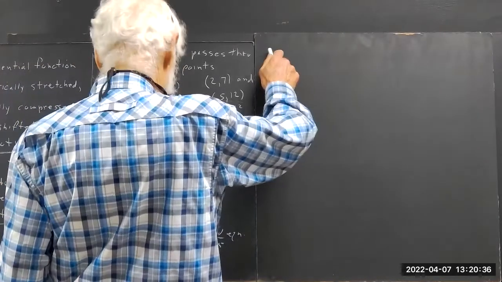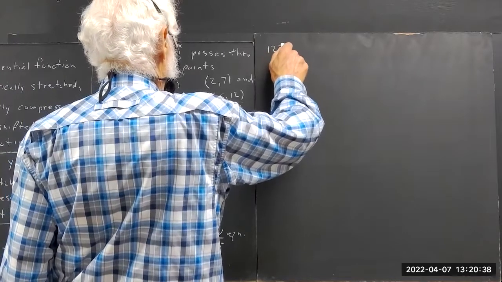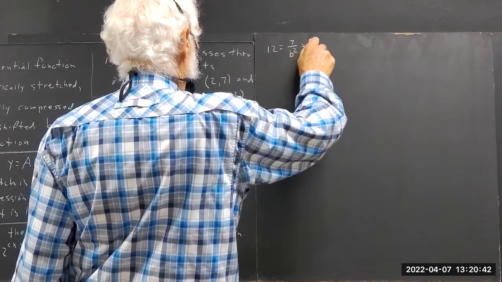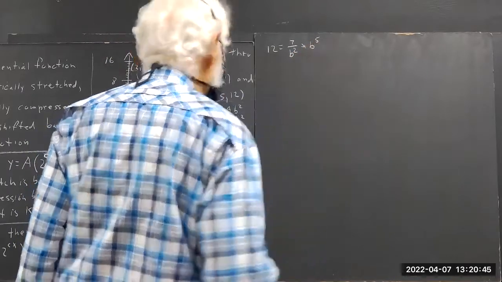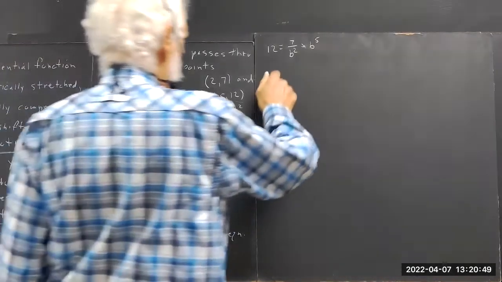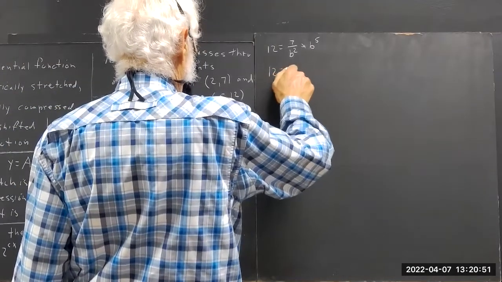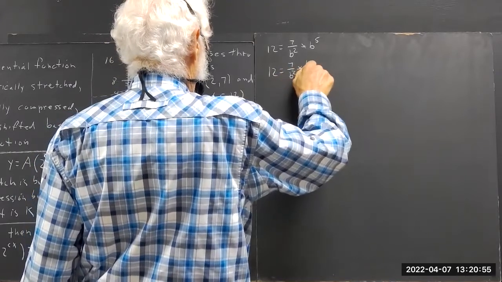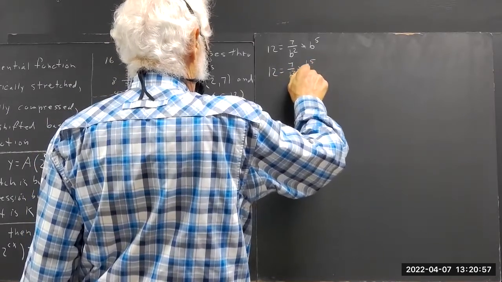So let's come up here. We got 12 equals 7 over B squared times B to the fifth, right? Well, we can rewrite that. That's 7 over B squared times B to the fifth over 1.